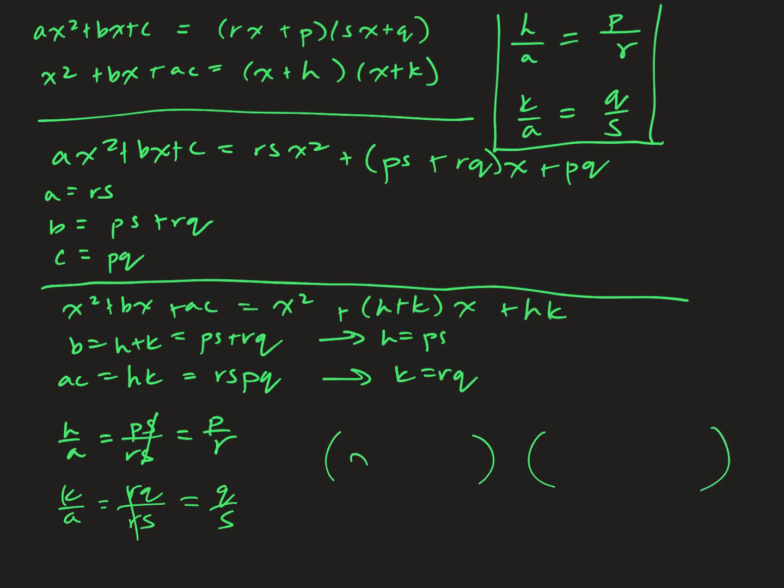Okay, and so NancyPi's form said that we have x plus P over R, x plus Q over S. Now, she is not saying that this is equivalent to this.